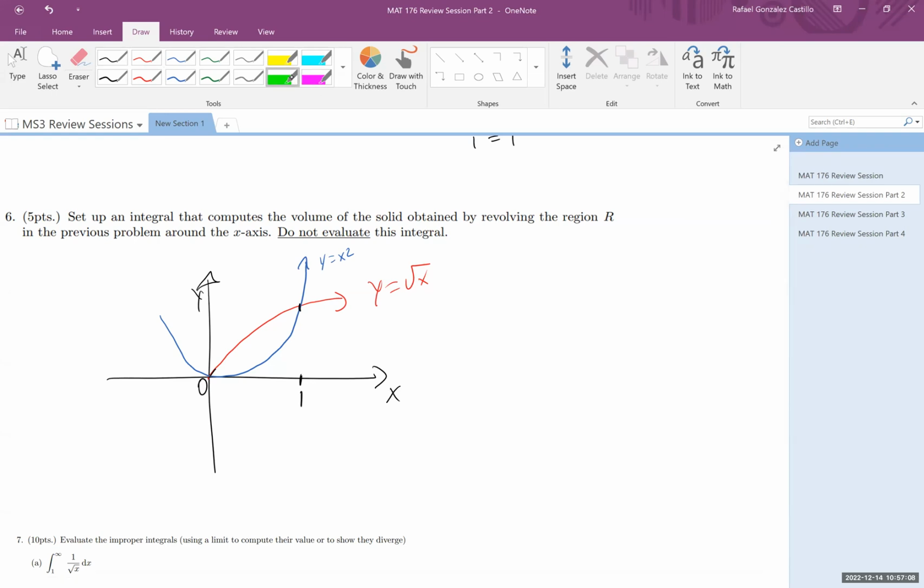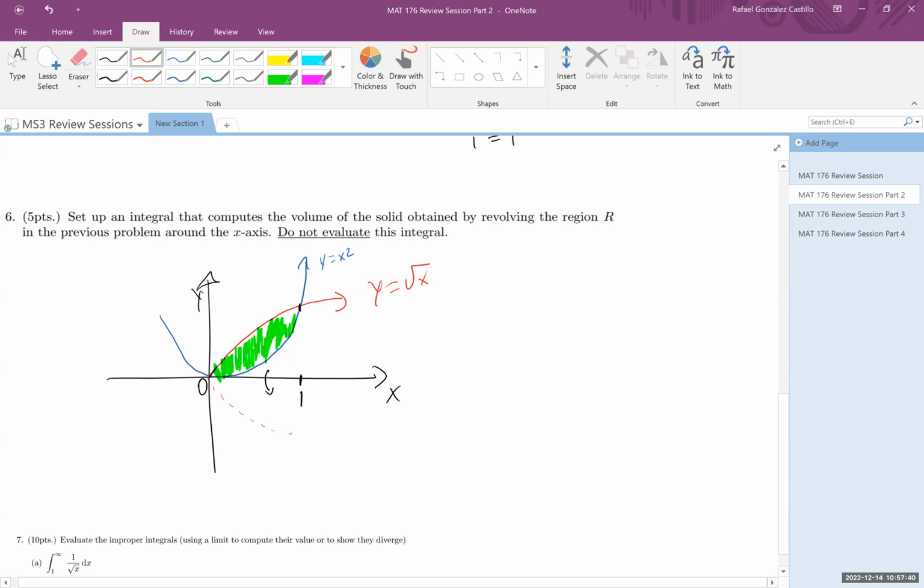And again, the interesting piece of information is this area enclosed here in the green. But now this problem asks us to find, well, not to find, but to write the integral that will give us the volume when we revolve this picture about the x-axis, when we bring it down. When we bring that down, what are we going to have?